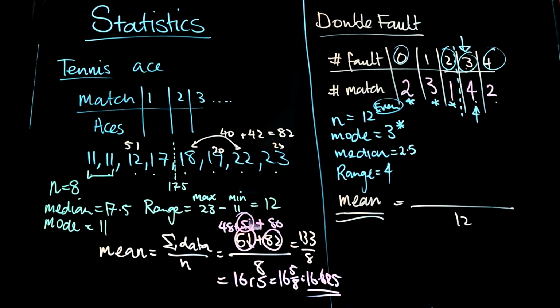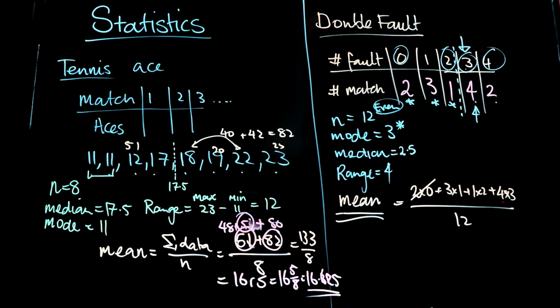But there's a little trick here, because out of the table we need to say things like, well, there's 2 matches with no faults, so that goes to 0, plus 3 matches with 1 fault, plus 1 match with 2 faults, plus 4 matches with 3 faults times 3.